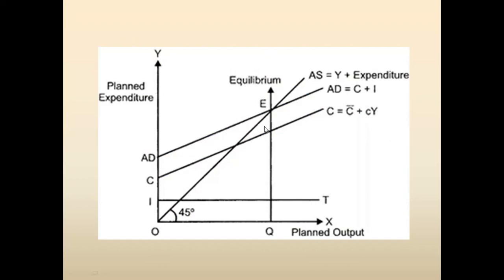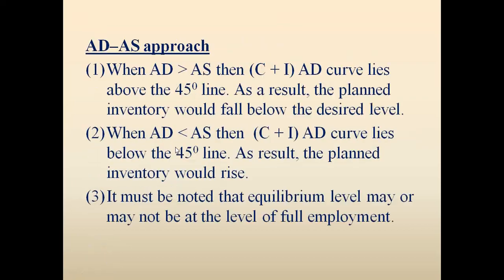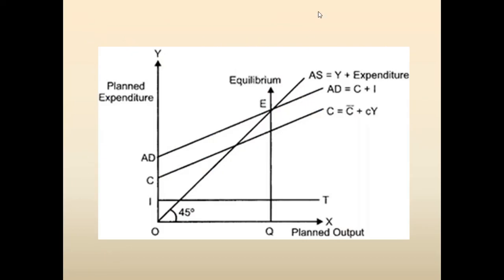We already know that this line is your income, and we have already discussed why this income can be equal to your AS. So AS equals Y. This line is your AS and this AD is your aggregate demand curve.